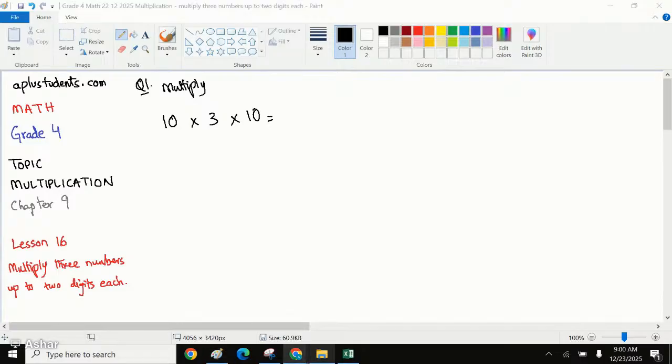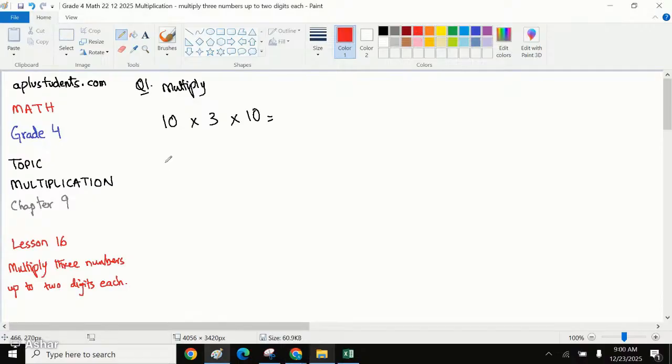Welcome to the class. We are doing multiplication. Multiply 3 numbers, which can be up to 2 digits each, right? So in this case, we have 3 numbers, 10 multiplied by 3 multiplied by 10, in which 2 numbers are 2-digit numbers, right? So we can do this question multiple ways because we have a number ending in a 0.